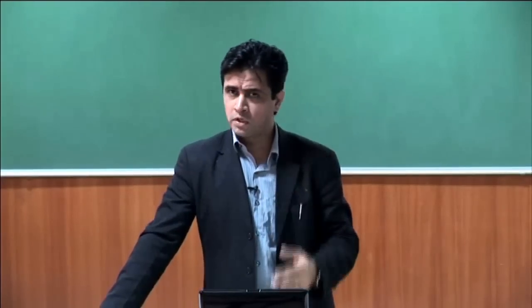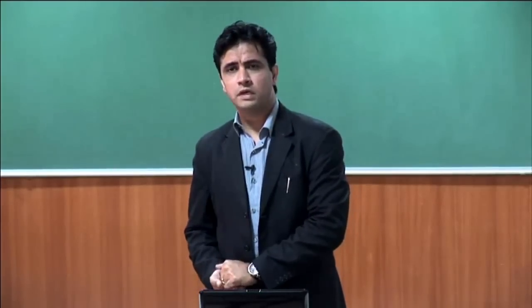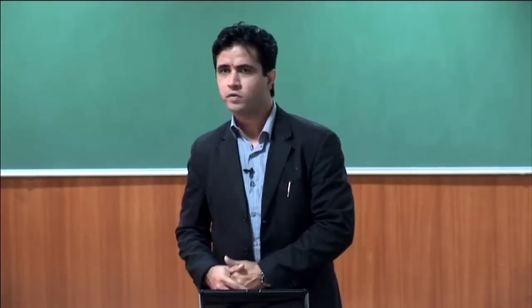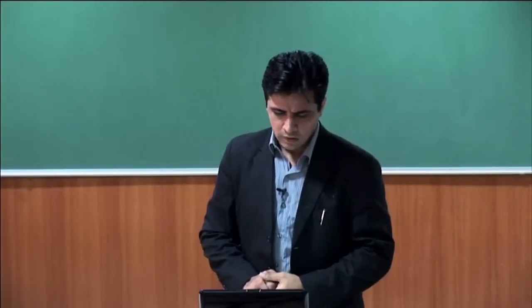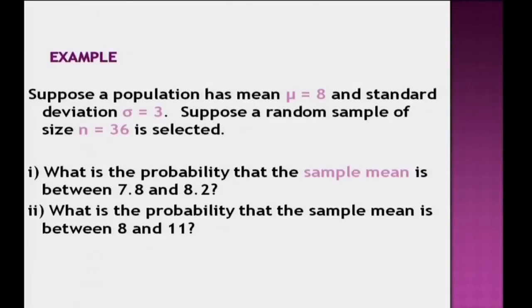Here it is a normal distribution for the sample mean, and hence we can calculate again any probability between any two sample mean values. They would like us to calculate between 7.8 and 8.2. So, our steps would be similar. We would first convert the given random variable into z value, and then between those z values we would calculate the probability.